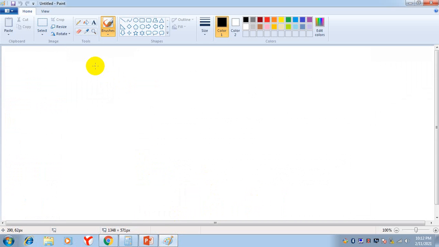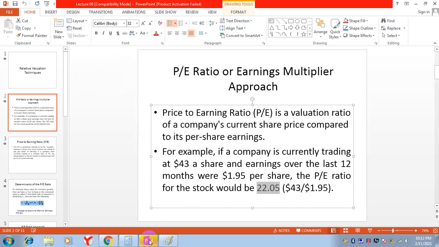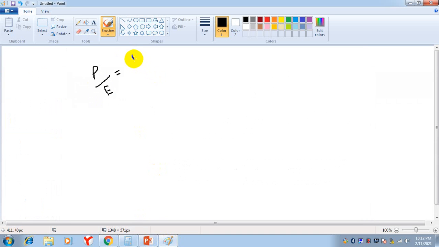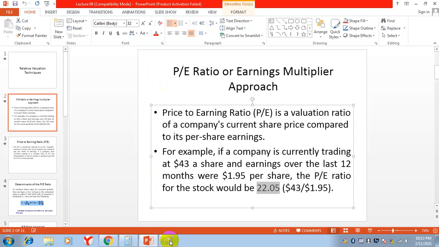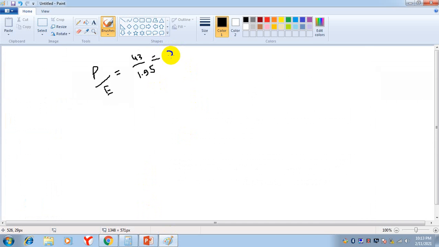Now what does 22.05 tell us? This is basically P/E, price to earning. Price was 43 divided by 1.95. So we got 22.05.